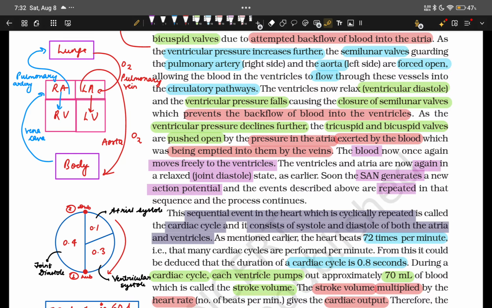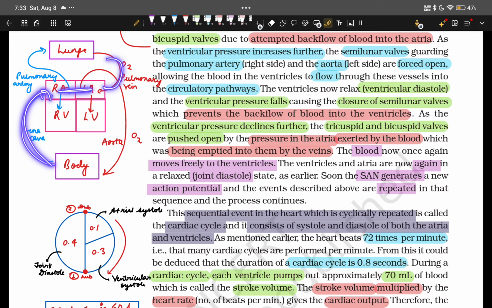Let me explain. Basically, ventricular pressure falls, so they are just in diastole. Because pressure falls, first thing first, the semilunar valves are closed. But as pressure inside the ventricle declines further, the tricuspid and bicuspid valves are forced open by the blood pouring in from the different veins, the pulmonary vein and the vena cava.